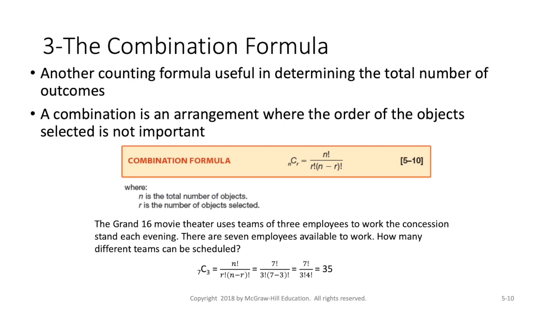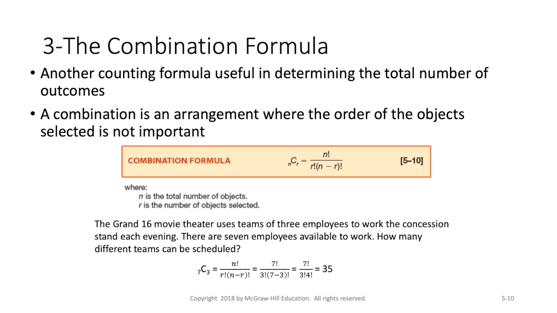So the total number of objects are those 7 employees. So that goes in our numerator, 7 factorial. And then for our denominator, our r, the number that we're selecting, we're making a team of 3. So our r is 3, and again, our n is 7. And so you end up with 7 factorial divided by 3 factorial times 4 factorial, and the answer is 35.